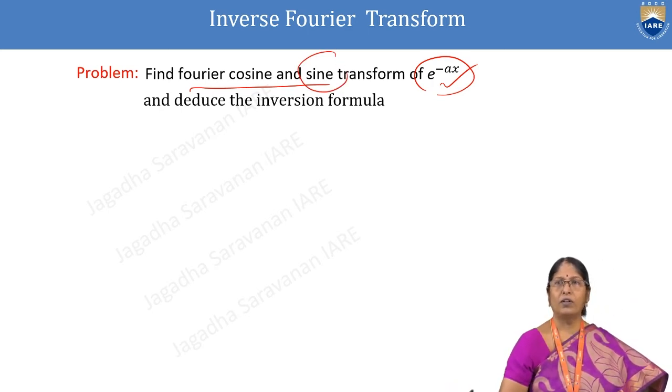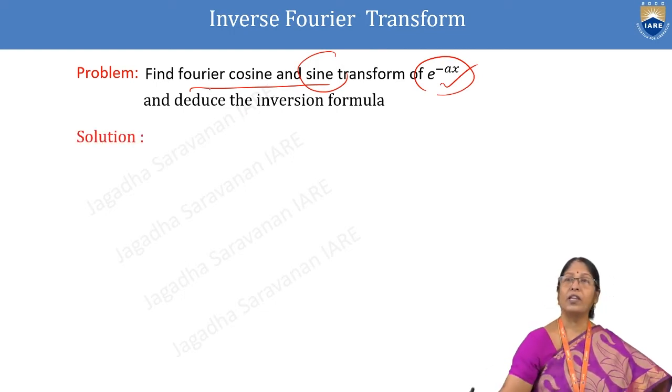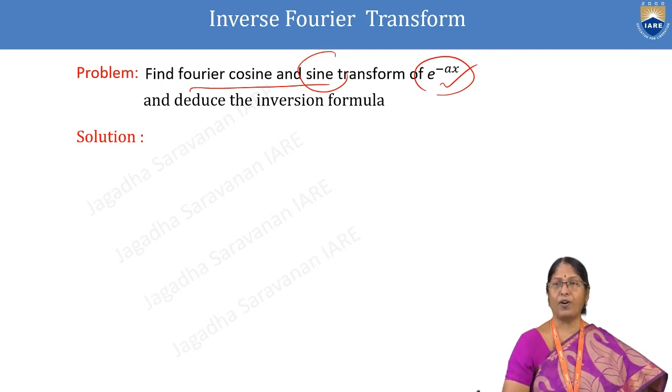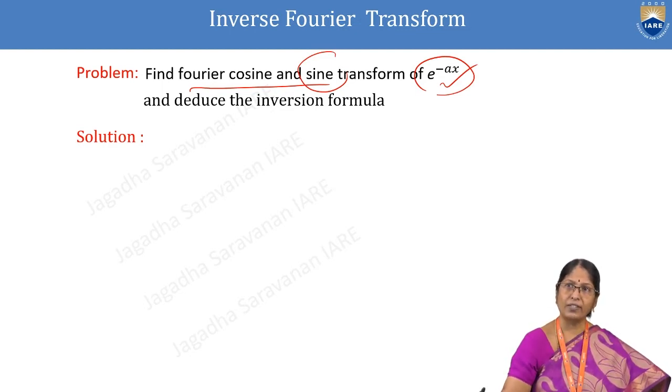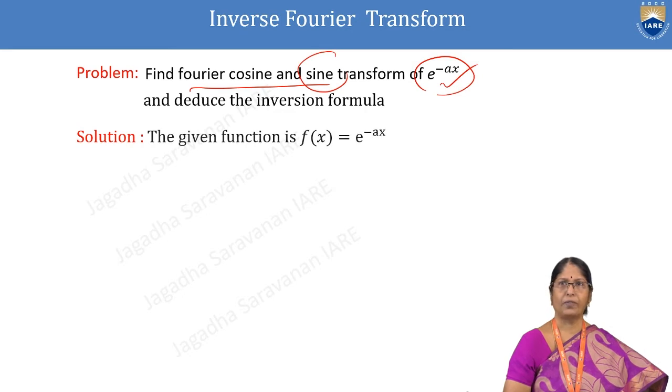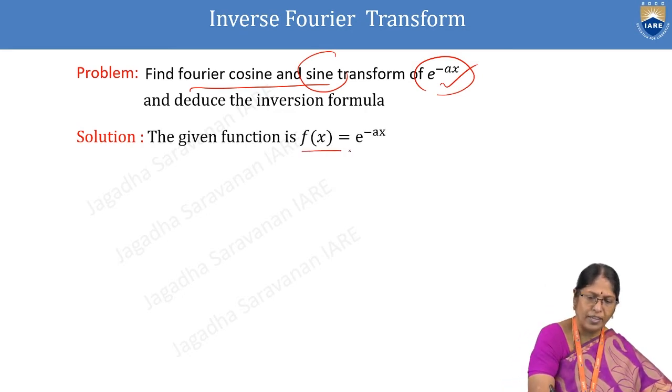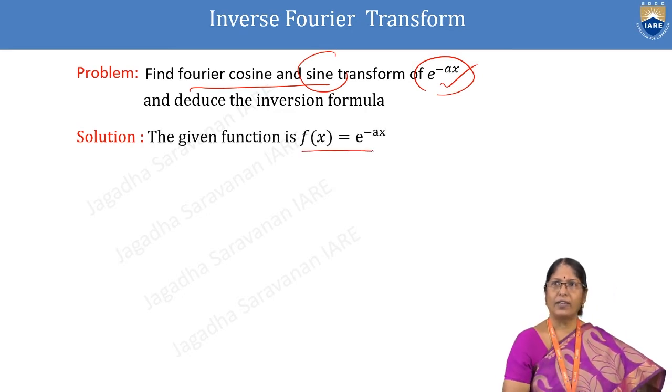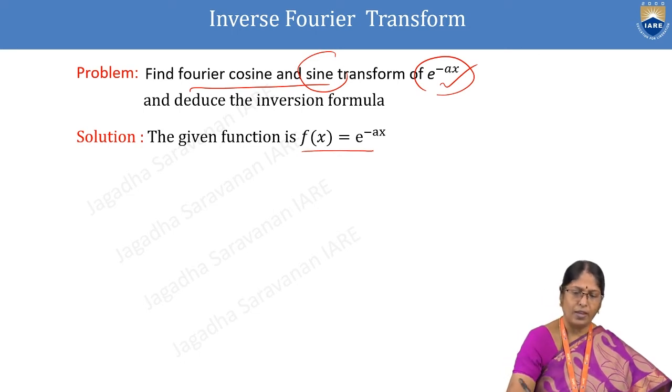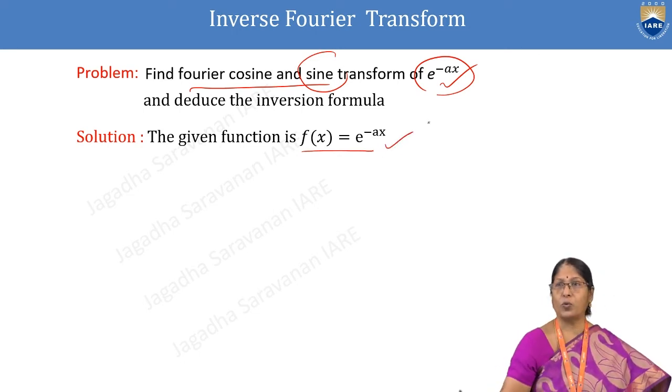For both, deduce the inversion formula. That is, we have to find the inverse Fourier cosine and the inverse Fourier sine. So now the given function is f of x equal to e power minus ax.